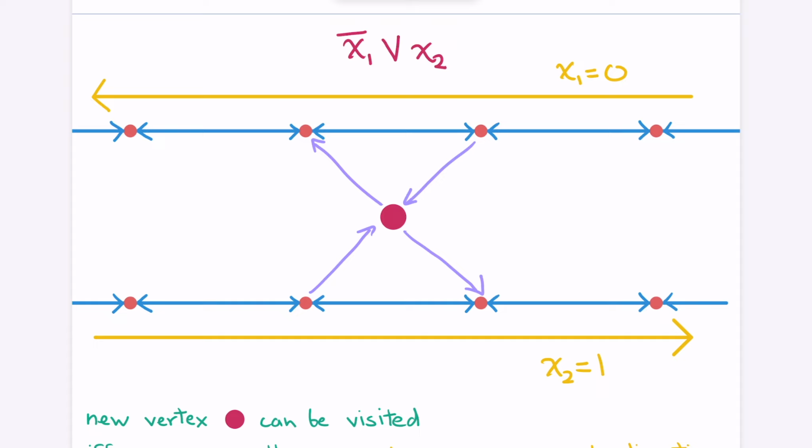So how do we prevent things like going from here to here to here? I should have done a different color. Something like this.